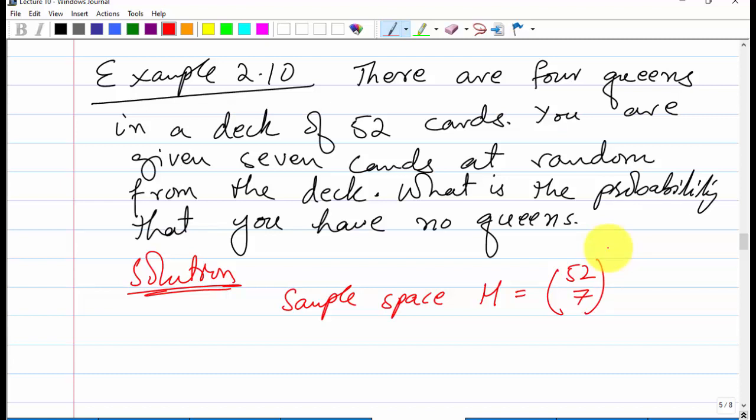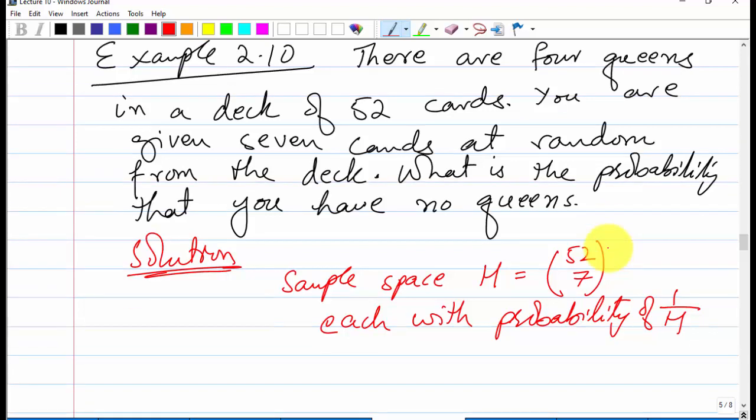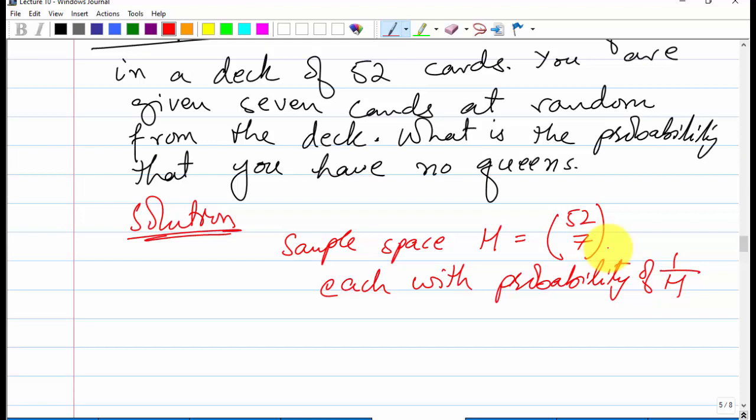That will be our possible outcomes, and each possible combination of 7 cards has probability 1 over H. Next, if we get no queen in the 7 cards, we call it H no queens, which is 52 minus 4 choose 7, or 48 choose 7.